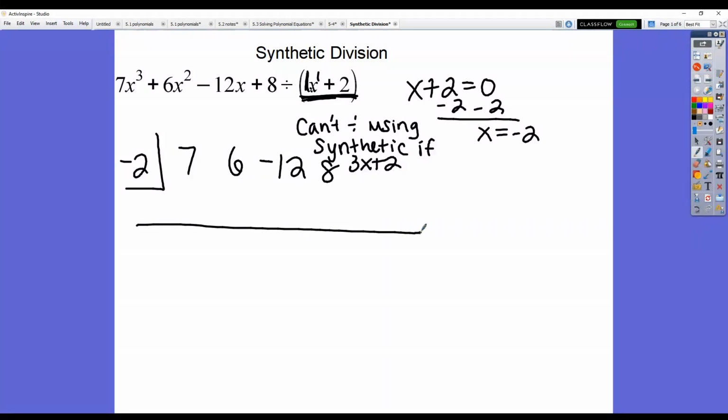And we leave a little space, and what we do is we drop down the first term, and then we multiply.